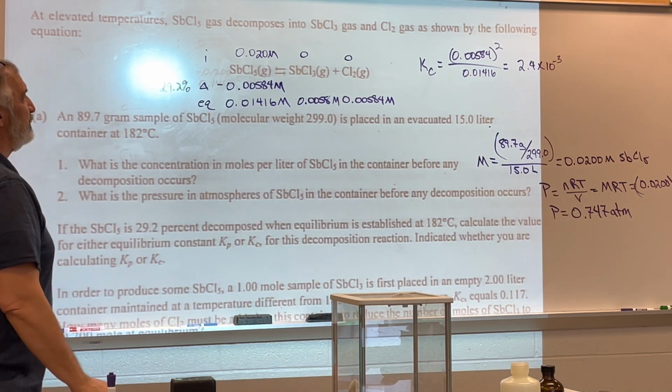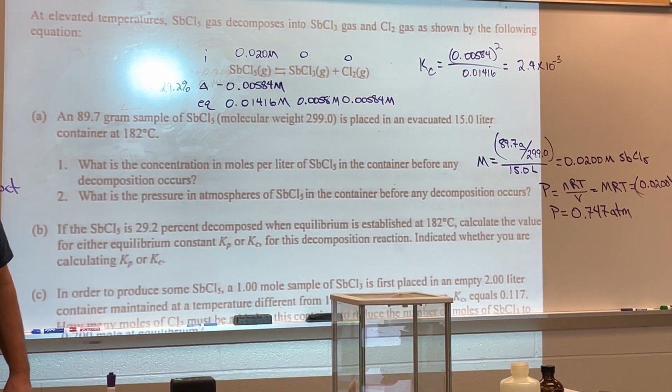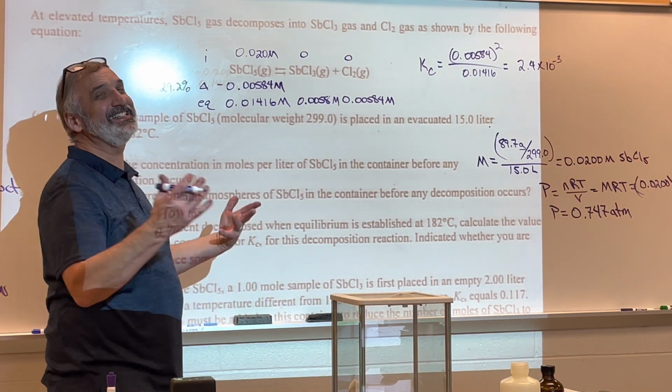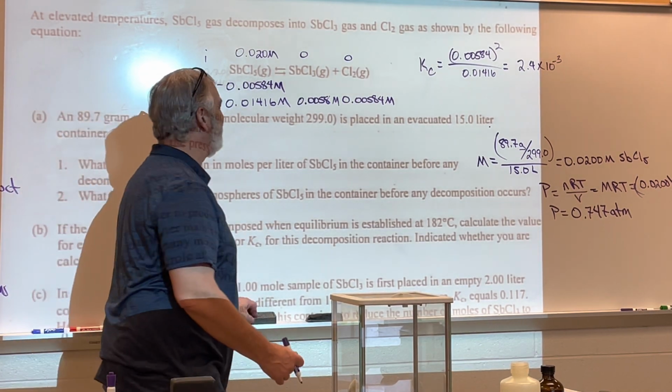Well, what if I want to do it in terms of pressure? Everything's got to be exactly the same except the numbers. As soon as that came out of my mouth, I said, well, that may not come out exactly right. But the process is exactly the same. All right, does everybody have this?